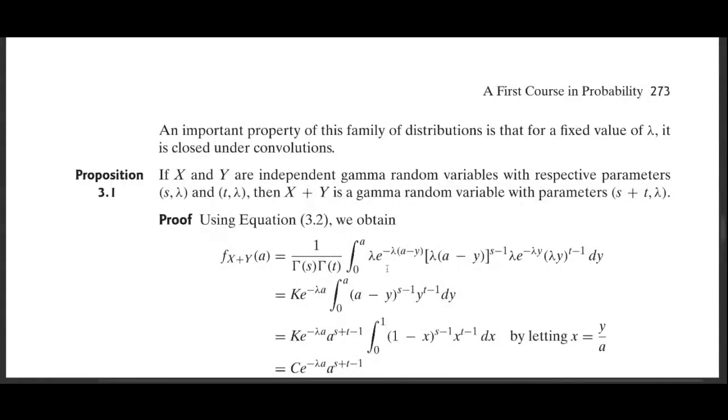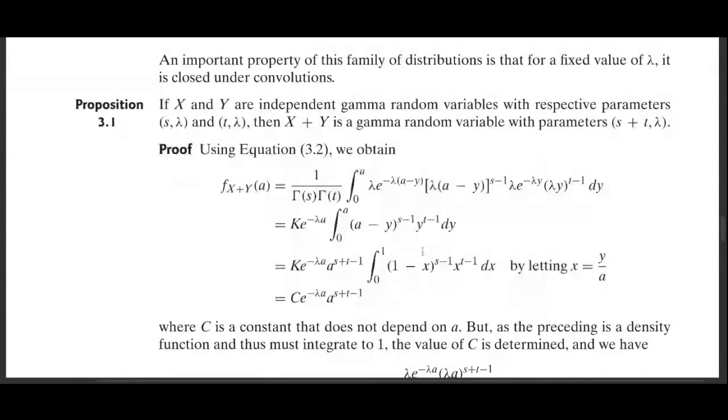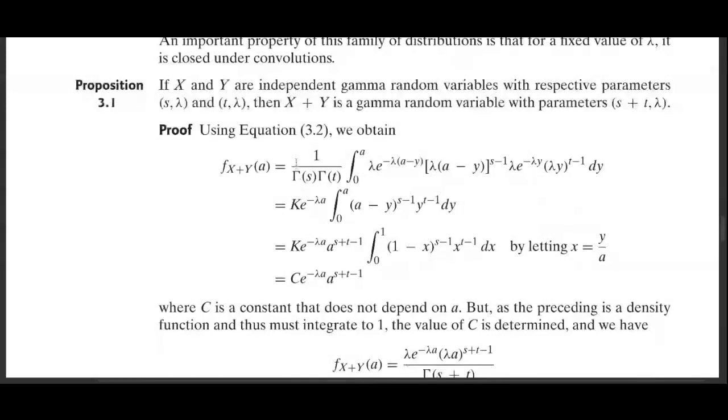So we use that, and right, we see this one. We see this is a minus y to the s minus 1. Then that's the later part, y to the t minus 1. Then we simplify this. This is from the gamma distribution.